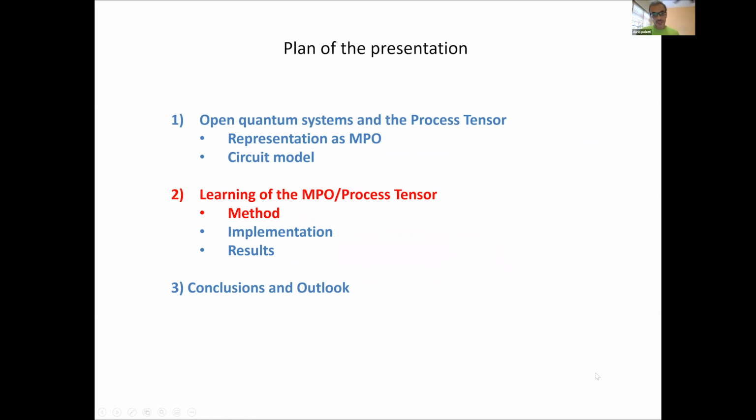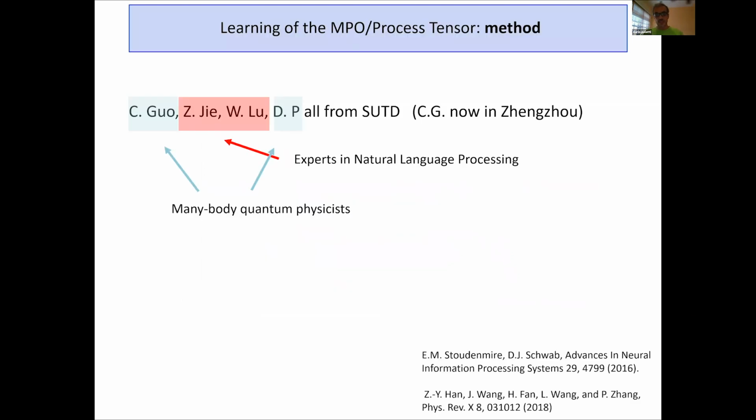Okay, so let me tell you how we're learning the process tensor. This is related to a paper which I presented to you 2 years ago. So I will go a little bit faster, but we still try to give the main point. We did this in collaboration with some computer scientists in SUTD and with my former PhD student.